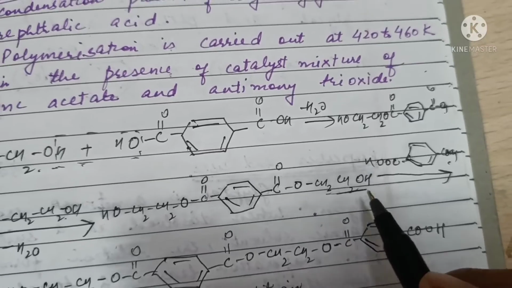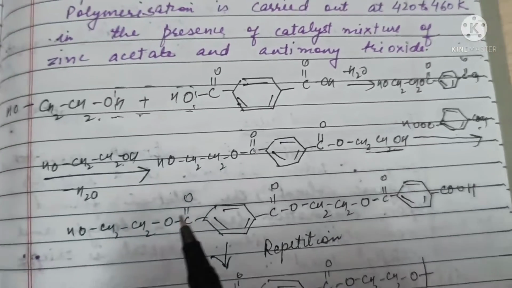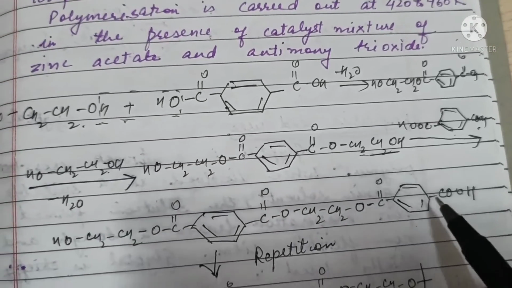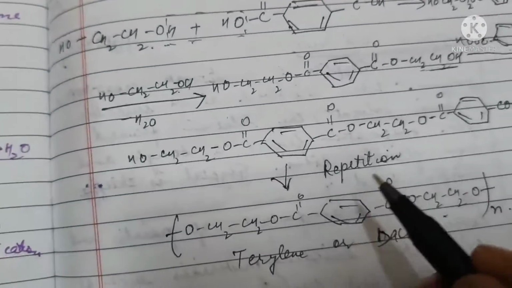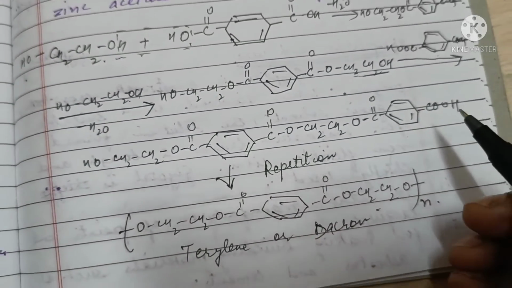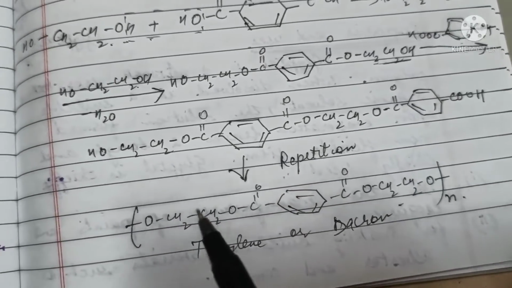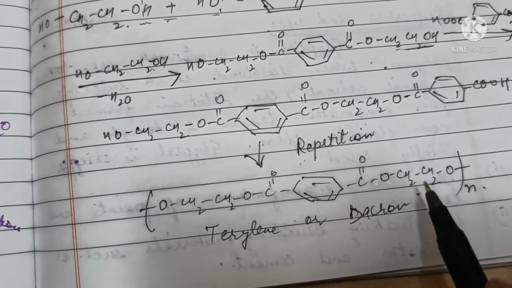Then again this polymer will combine with terephthalic acid to attach terephthalic acid on the other end, and the process is repeated again and again, ethylene glycol, then terephthalic acid, then ethylene glycol, to form a big polymer of high molecular mass having this unit as repeating unit.